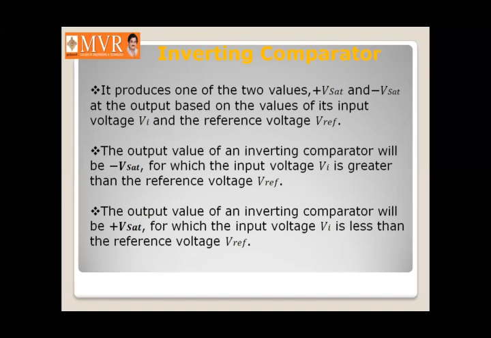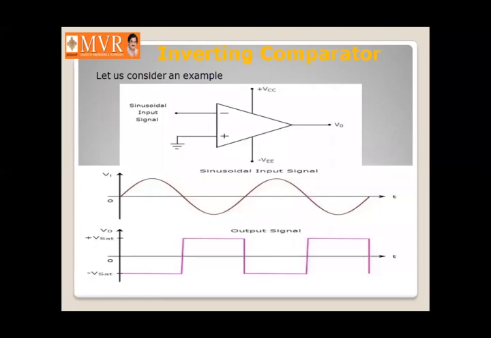Whenever the applied input voltage is greater than the reference voltage, the output of the op amp stays at minus Vsat. Whenever the input voltage is less than the reference voltage, the output of this inverting comparator stays at plus Vsat. In this way, it produces the output between these two values, plus Vsat and minus Vsat. So let us see an example.